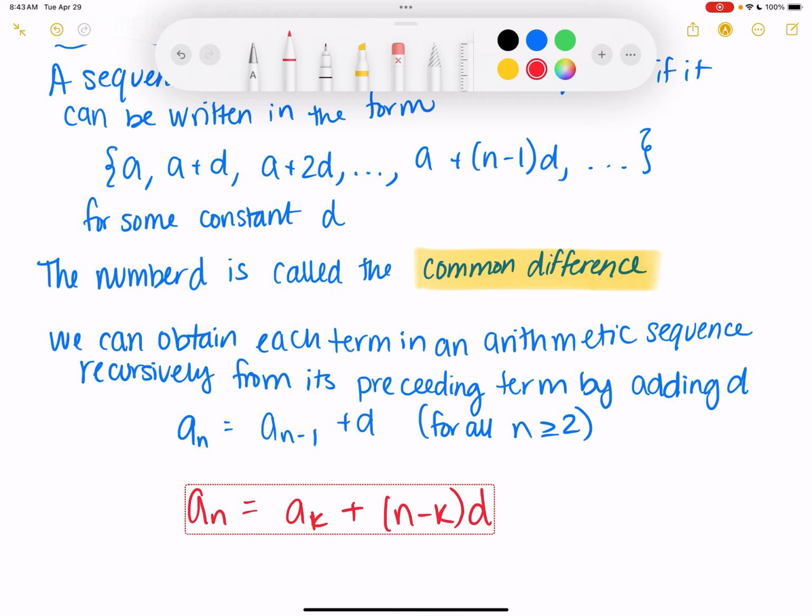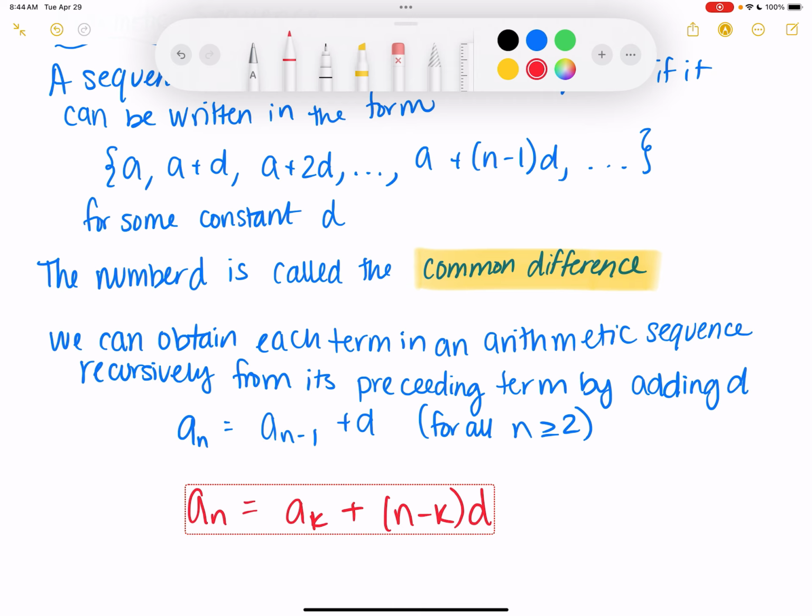But basically that's saying, if I want the 8th term and I know the first term, then I can do whatever that first term was, plus 8 minus 1 times whatever my common difference is. So in the earlier one where it was 2, I would plug that in and find the 8th term by just using this formula. So if I know the previous term, I can use this one in blue.